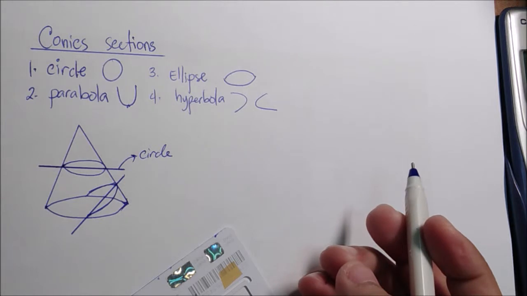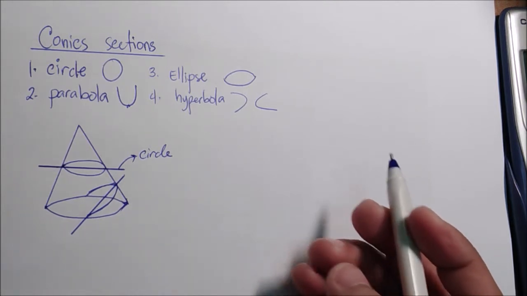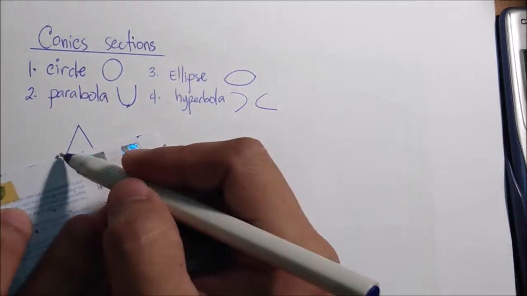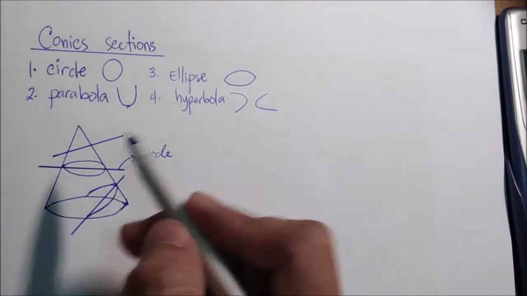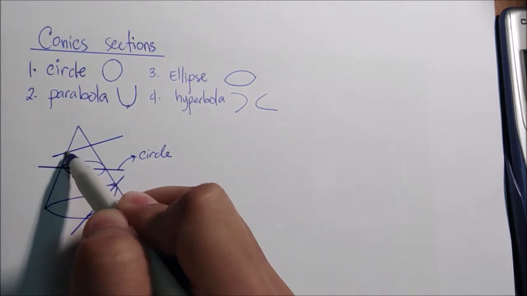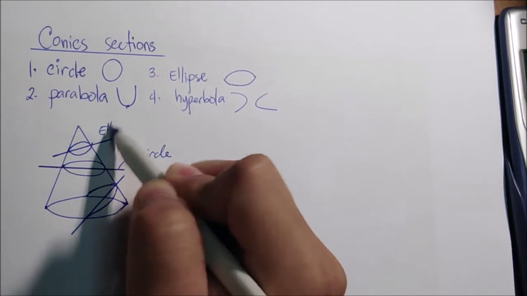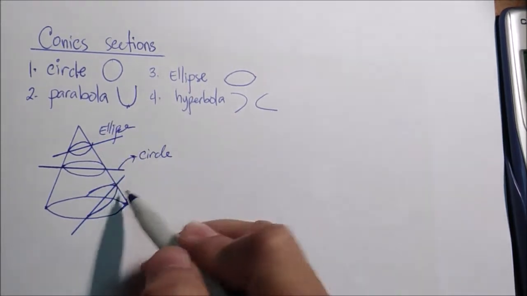If you cut the cone like that, the section formed is an ellipse.